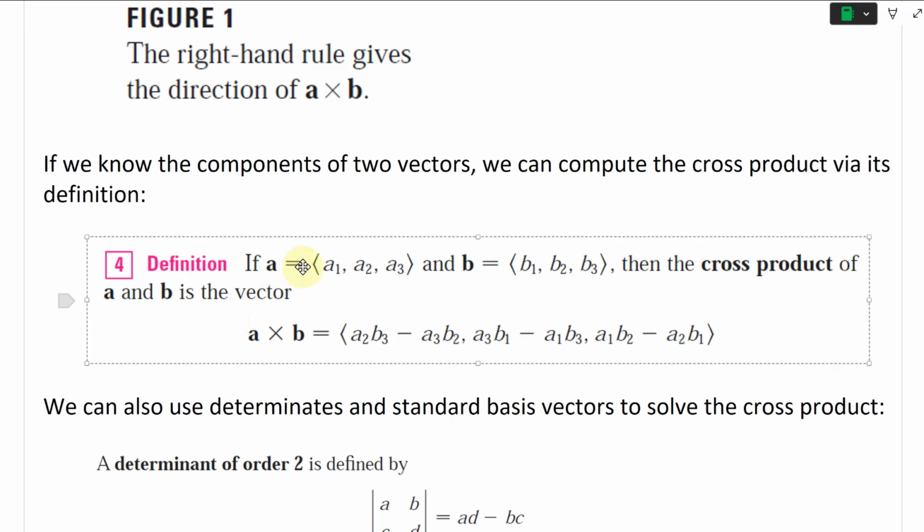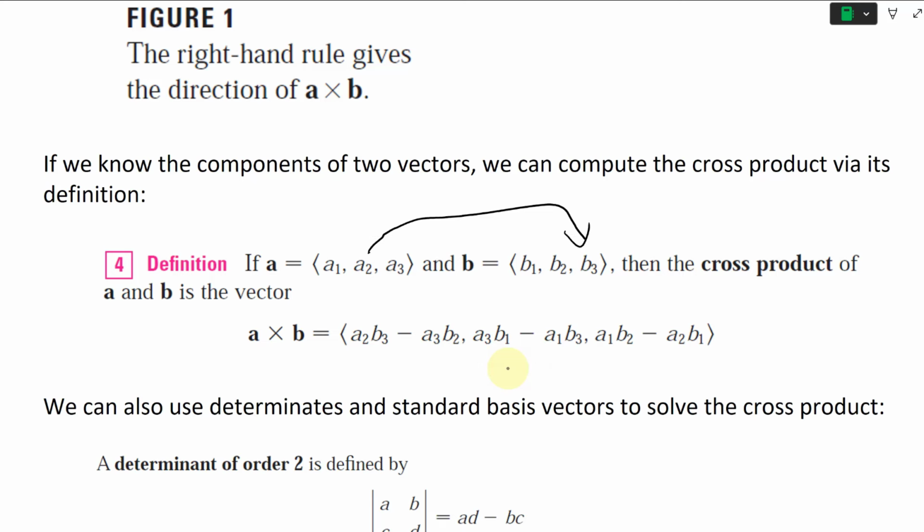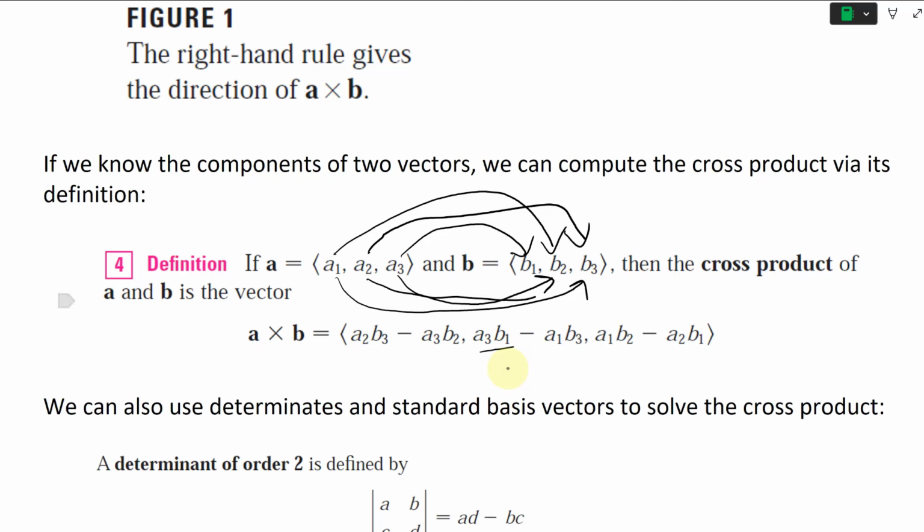So if A has components A1, A2, A3, and B is B1, B2, B3, then the cross product is the vector A cross B. The first component is A2 B3 minus A3 B2, then the next one is A3 B1 minus A1 B3, and the last one is A1 B2 minus A2 B1.